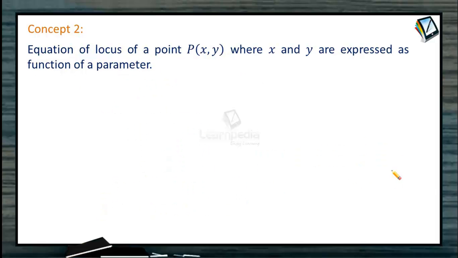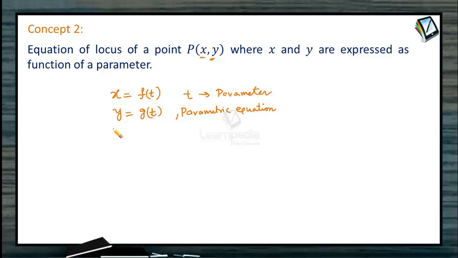Right. Concept number 2. When the coordinates of the moving point P(x, y) are expressed as functions of a parameter, then the Cartesian equivalent of it is obtained by eliminating the parameter and getting the relation connecting the coordinates of the point P(x, y). That is, if x is equal to f of t and y is equal to g of t are the parametric equations, that is, x and y expressed as functions of a parameter, t here is the parameter.